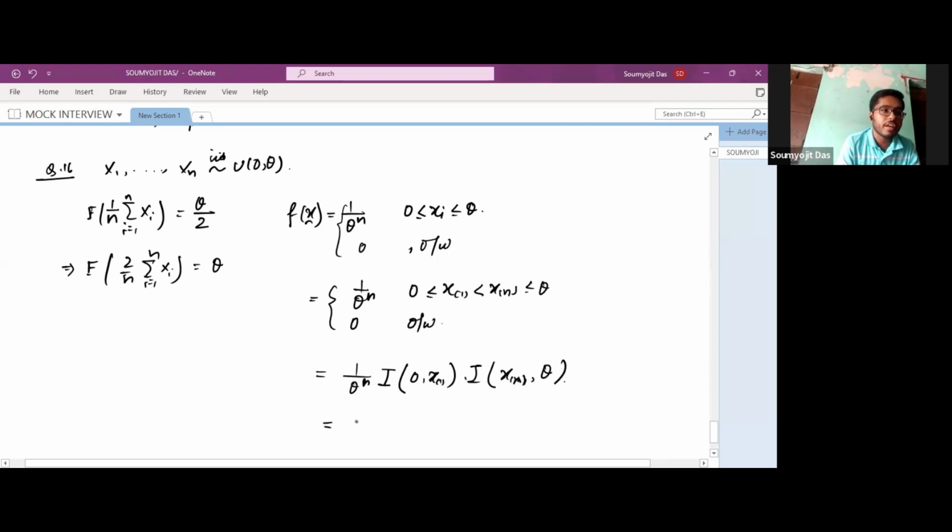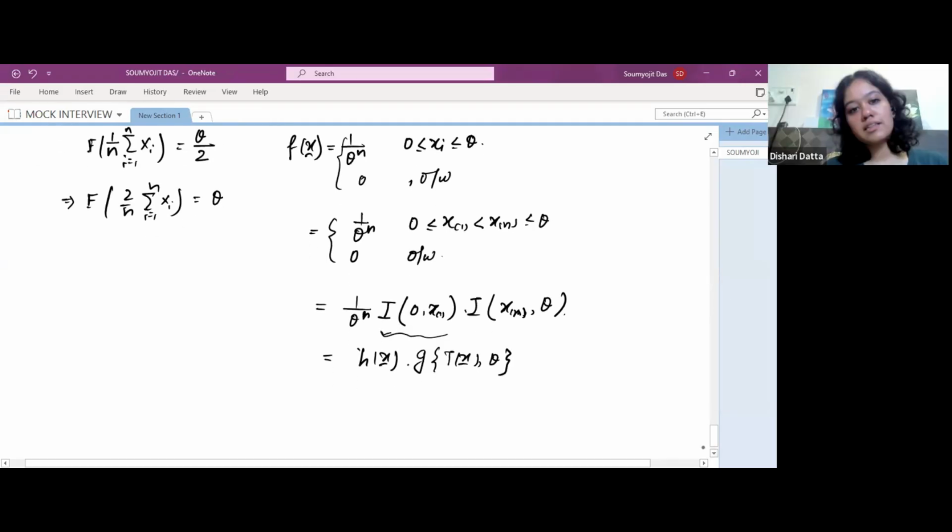By the Neyman-Fisher factorization theorem, we can consider the part I of 0 comma x order 1 to be h of x vector, and the remaining part as g of T of x comma theta. Here g of T of x comma theta is a function of theta and x only through T of x, and here T of x is x order n. So x order n is the sufficient statistic for theta. Is this statistic also complete?